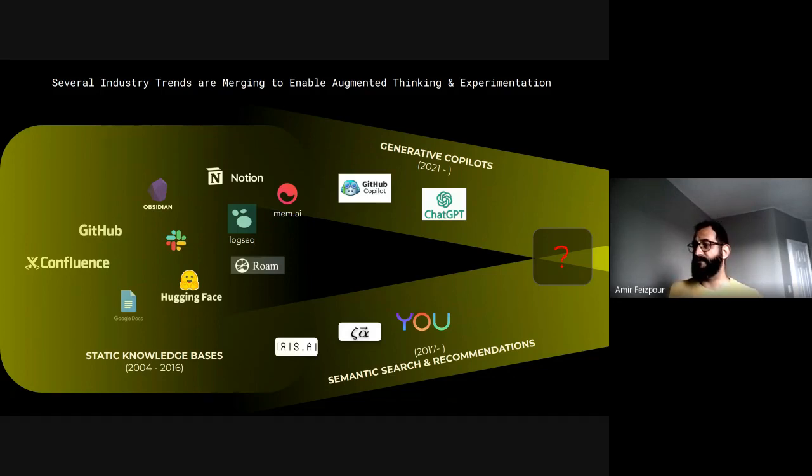So my prediction is that in the next 2 years, we are going to see a lot of tools in the overlap of these and significant other components that enable us to reason and model the world around us. And therefore, it will allow for significant augmentation in how we think and experiment.